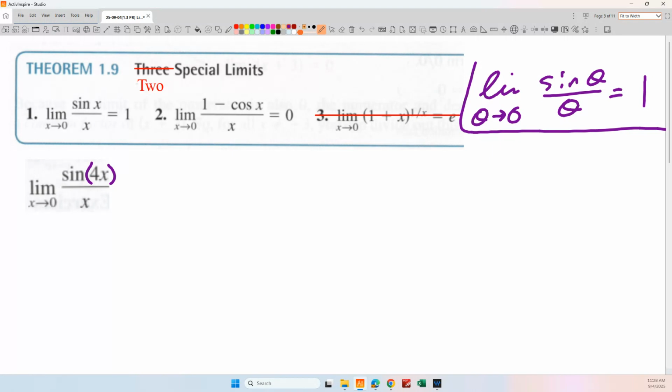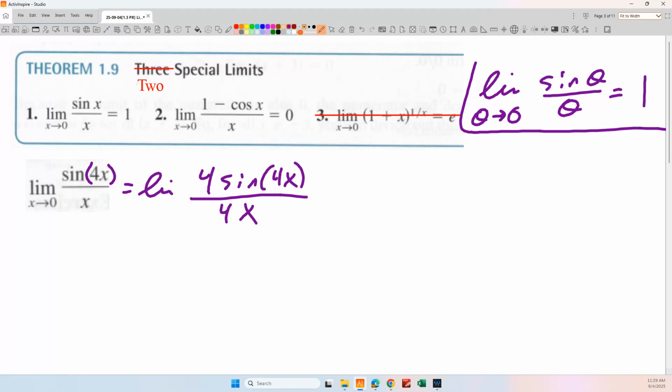We multiply by 1, right? Because that's our multiplicative identity. So how can I multiply by 1 here in a way that's going to be helpful? 4 over 4. Absolutely, right? So this would be equal to the limit of 4 sine 4x over 4x, right?